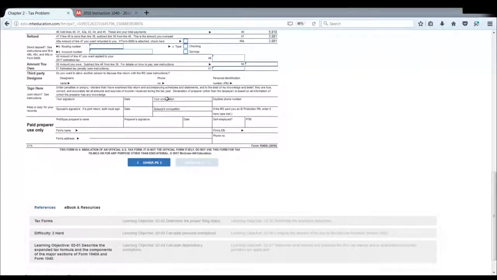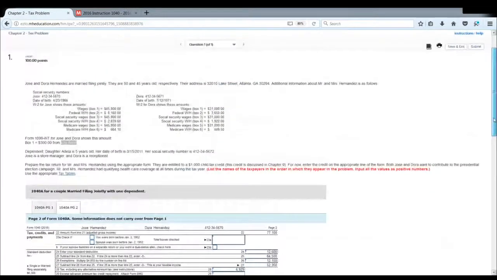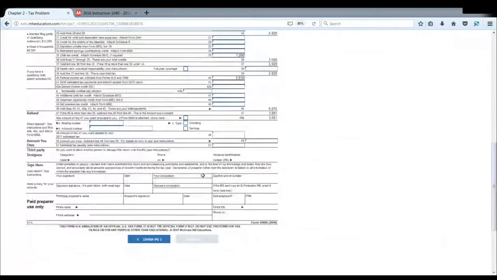Okay, so these aren't editable populated items, but it says your occupation and spouse's occupation, right? So normally, and I've seen their occupations here. What is it? Yeah, Jose is a store manager, Dora is a receptionist. So normally you would put the occupations there.